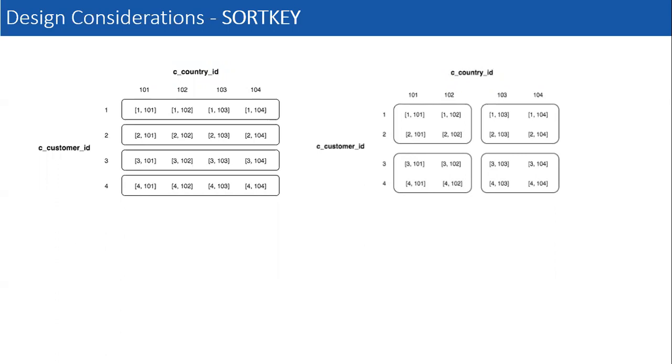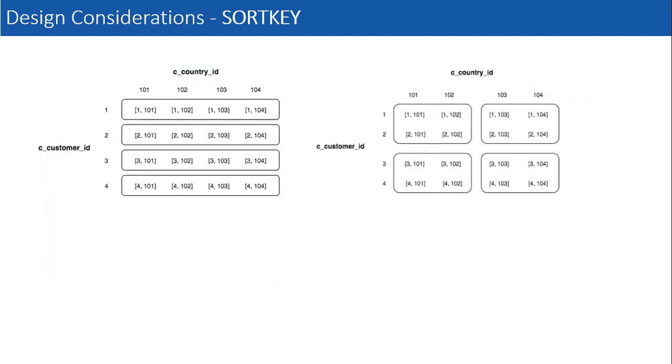For customer ID 1, the entire data is stored on a single block, and for 2 and 3, the block is selected based on the customer ID. So if I query customer ID 1 in the first case, only one block is accessed. But when I select country ID 103, 4 blocks will be accessed.